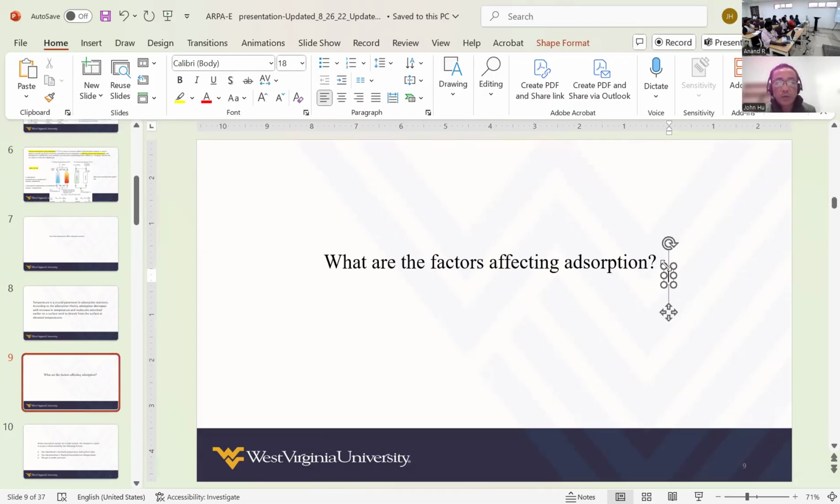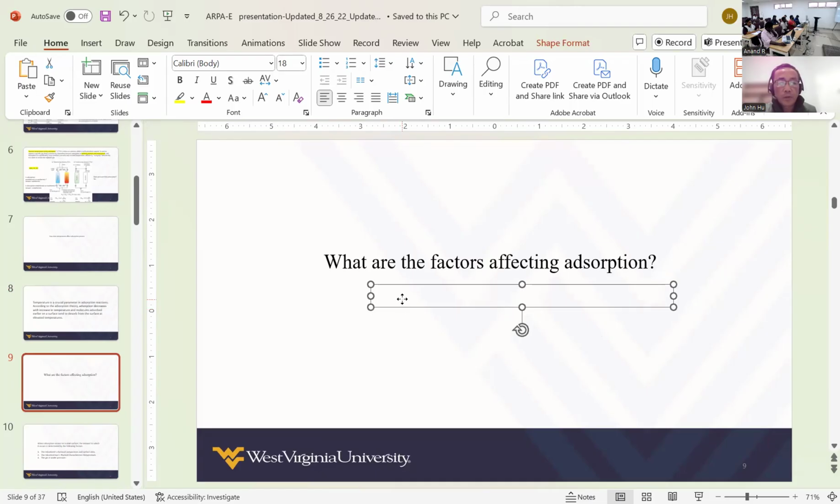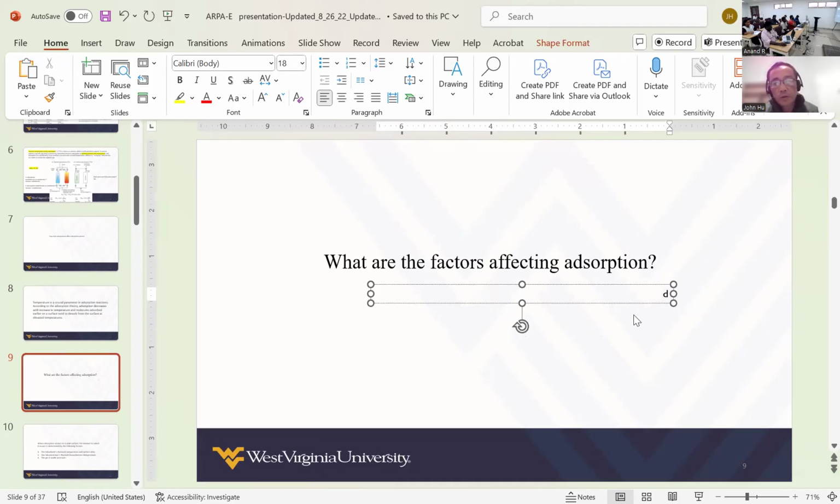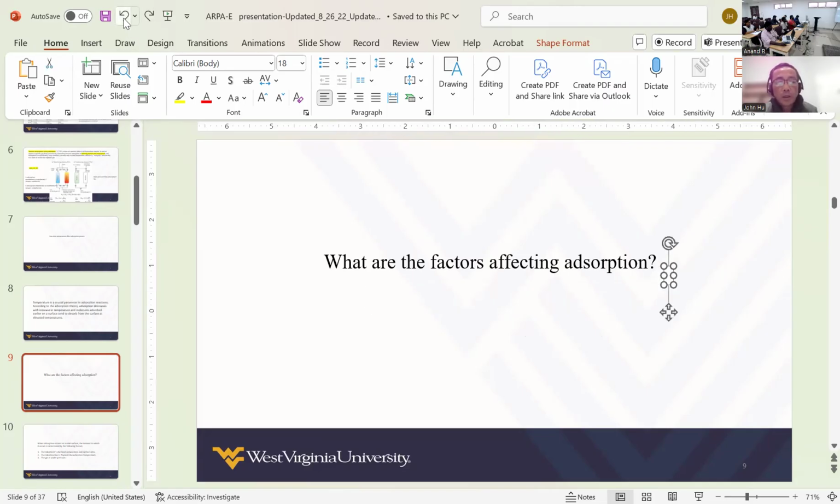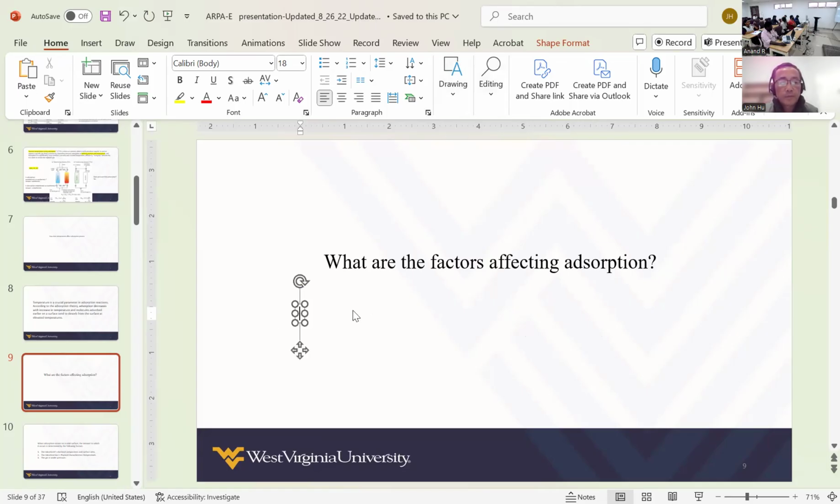We already discussed some. So let's list the factors. Pressure, and then temperature.